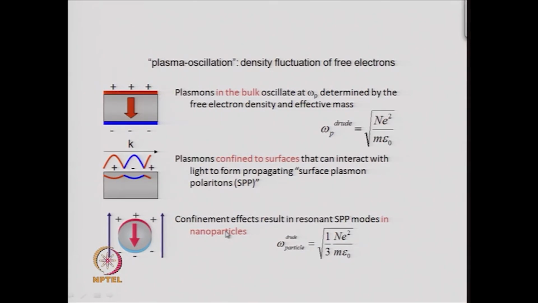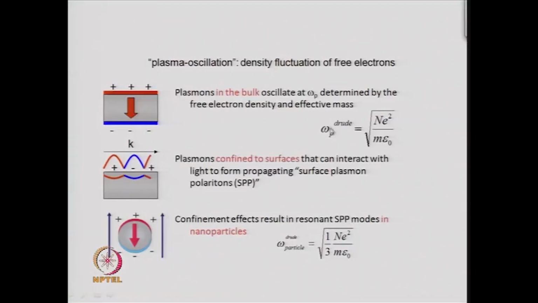So, confinement effects are there in these polaritons, and this equation of the plasma frequency changes, and now you see a factor 1 by 3 has come in finding out the frequency of the nanoparticles when it is showing resonant SPP modes or resonant surface plasmon polariton modes.